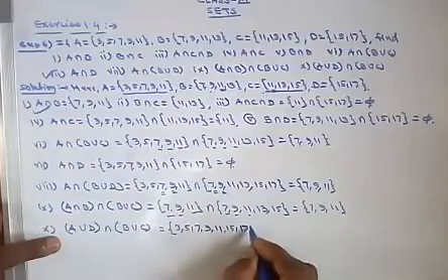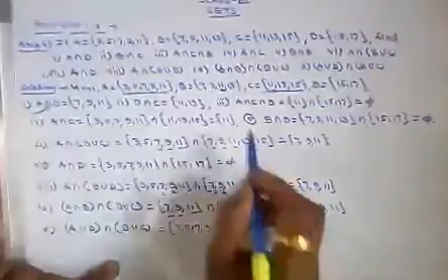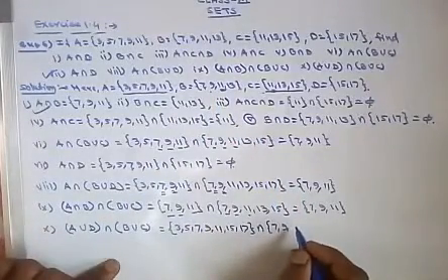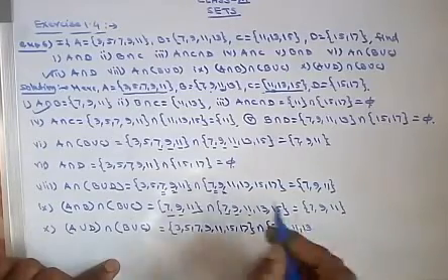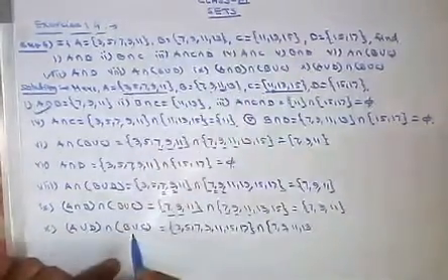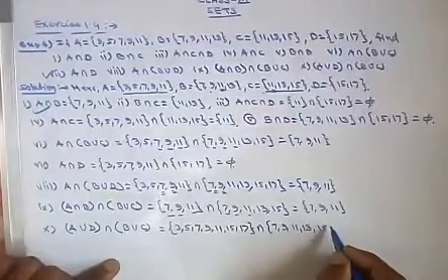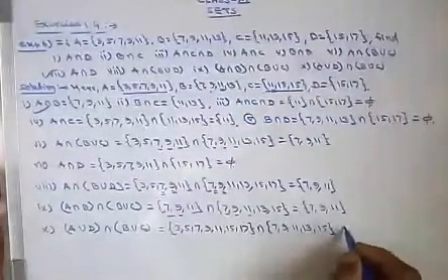Intersection, look at the union of B and C. B has 7, 9, 11, 13. 11, 13 are repeated, so 15 is added.